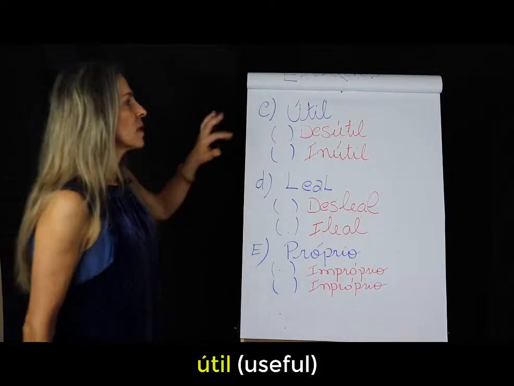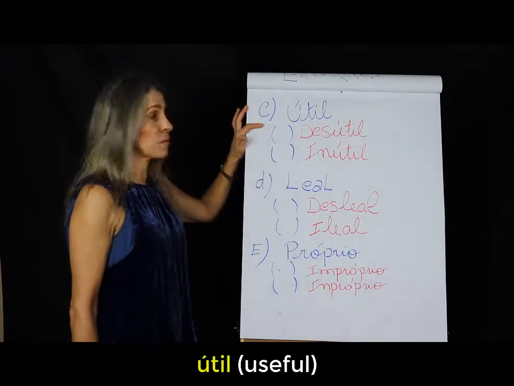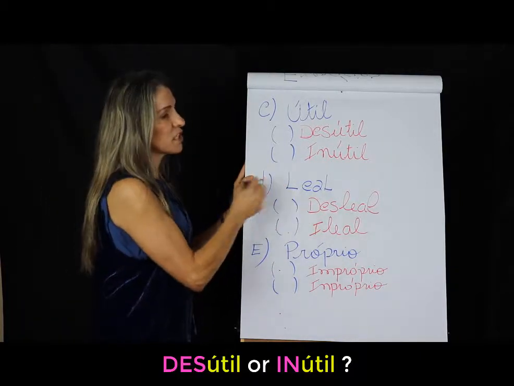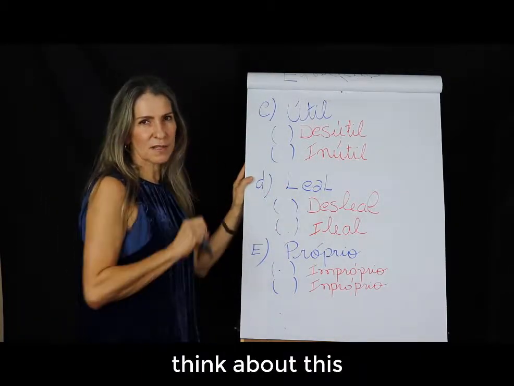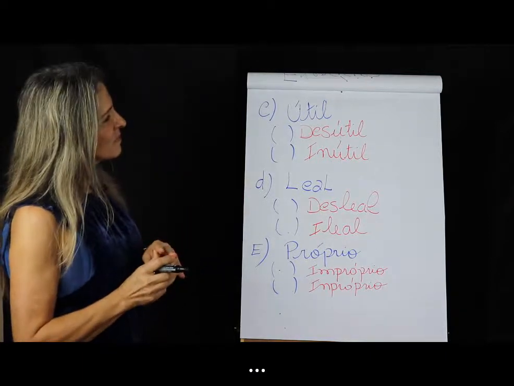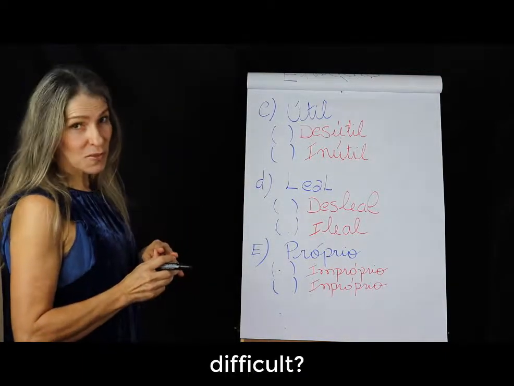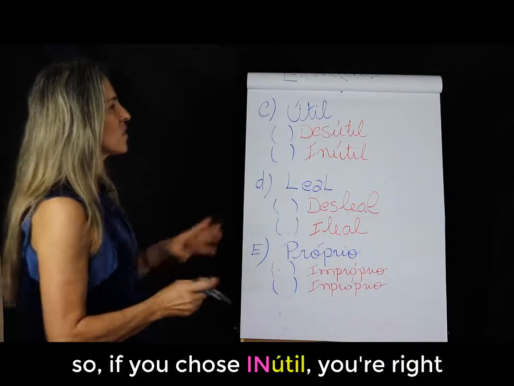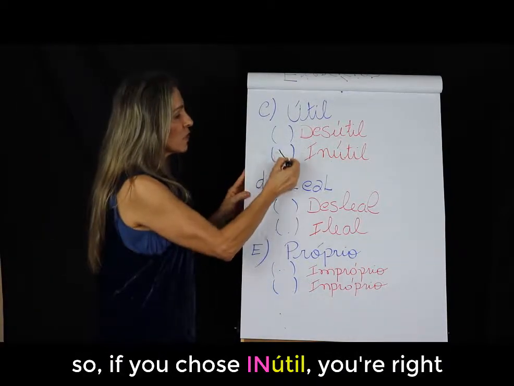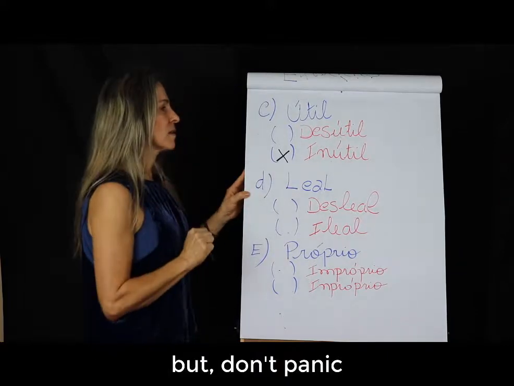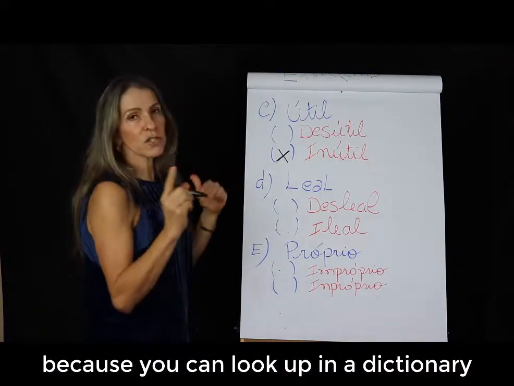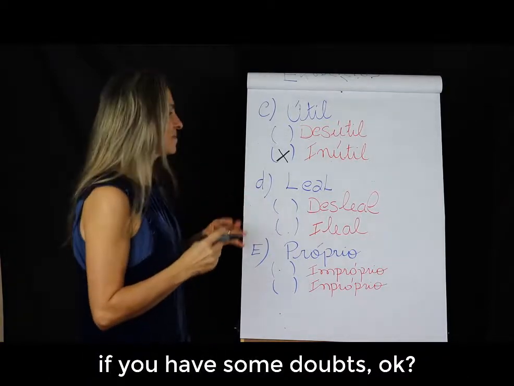Letter C, útil, useful. So would you say desútil or inútil? Think about this. Difficult? No, it's very easy. So if you chose inútil, you are right. But don't panic, because you can look up in the dictionary if you have some doubts, okay?